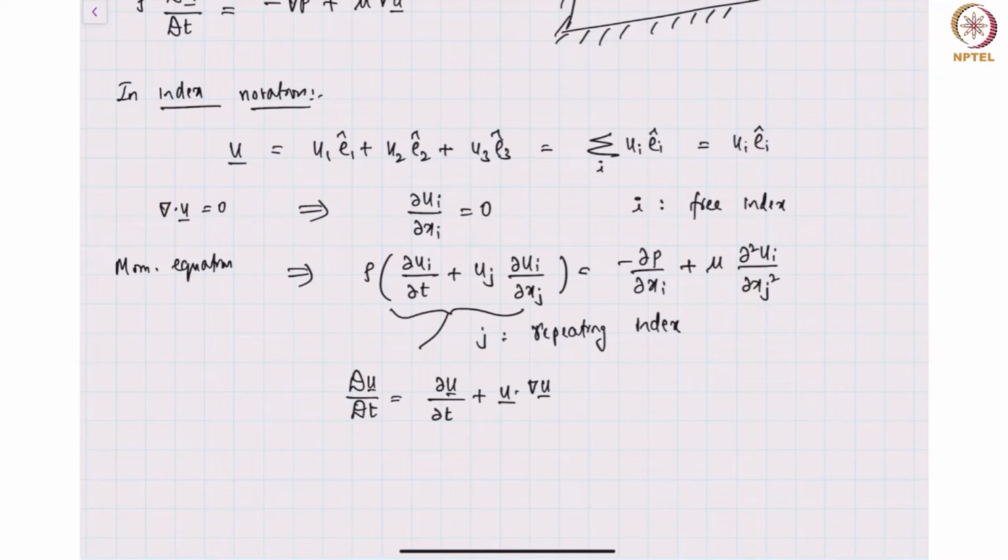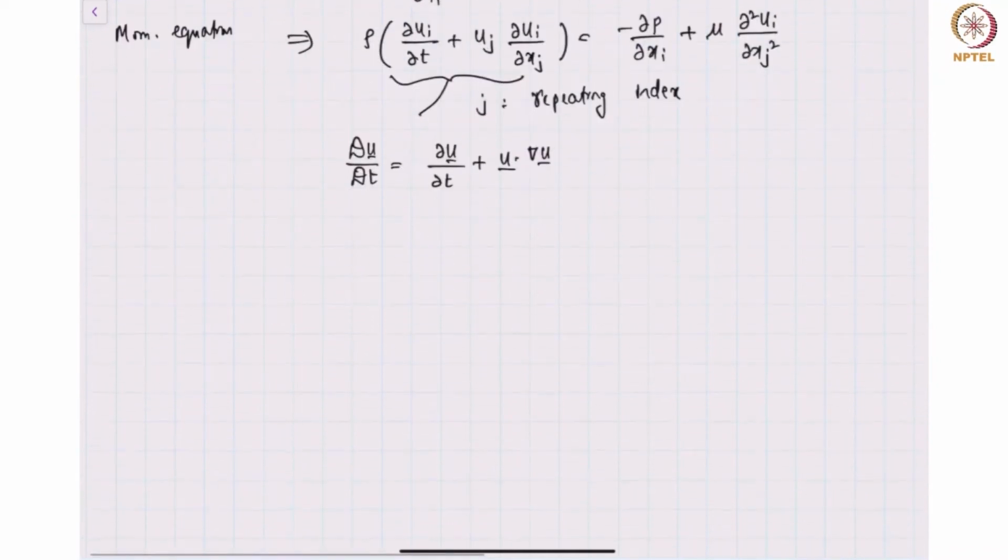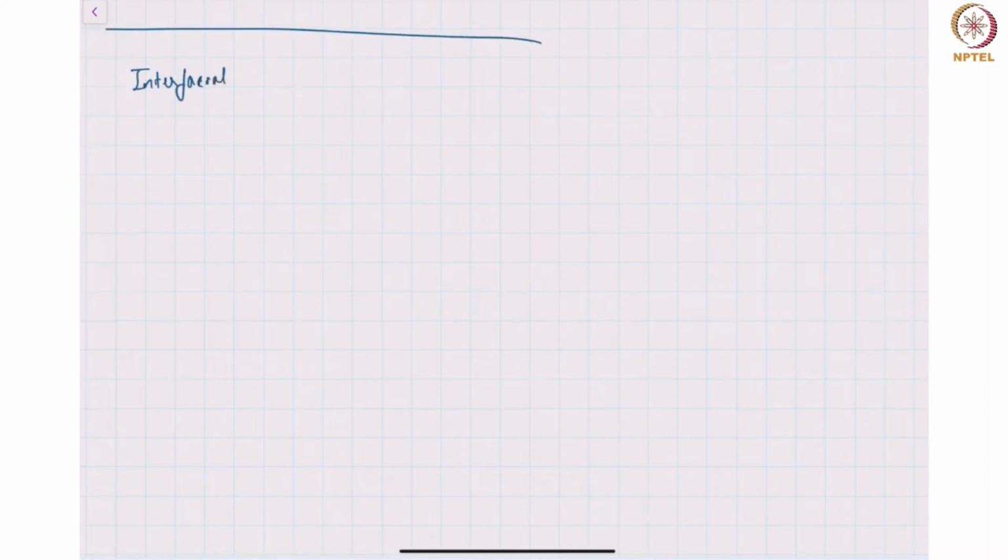Now, what would happen to a problem with interfacial flows? Let me just write down. In an interfacial flow, let's consider a simple example of a system which has two fluids, air and water.